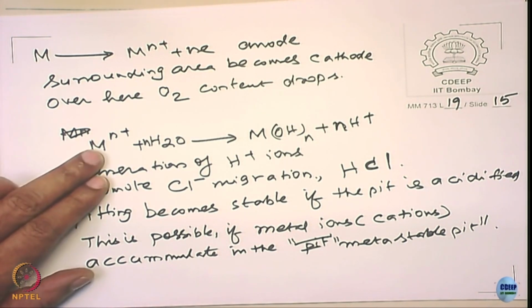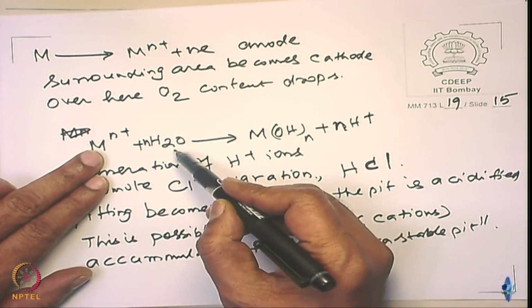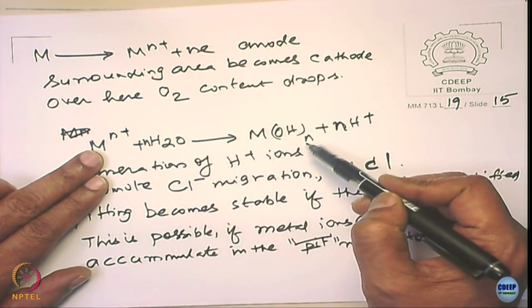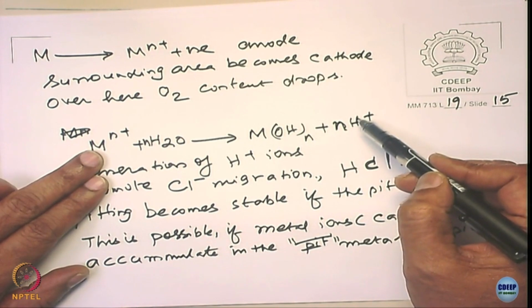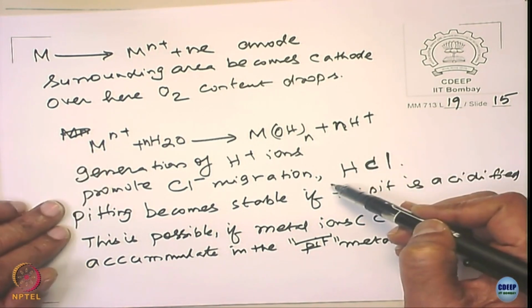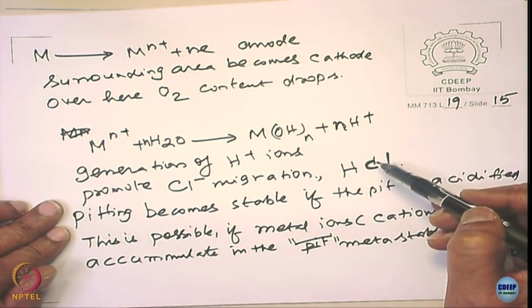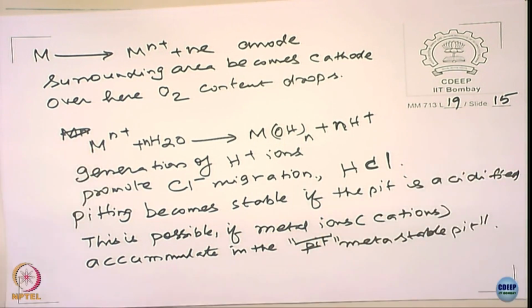Look at this, the metal ions will interact with water, hydrolyze and form metal hydroxide plus acid H plus, and H plus in turn will attract more chlorides. Assume that these metal ions can easily migrate outside.